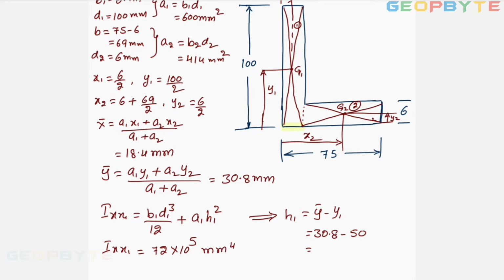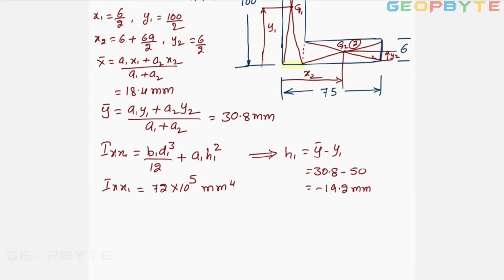This value is 30.8 minus 50, equal to minus 19.2 mm.